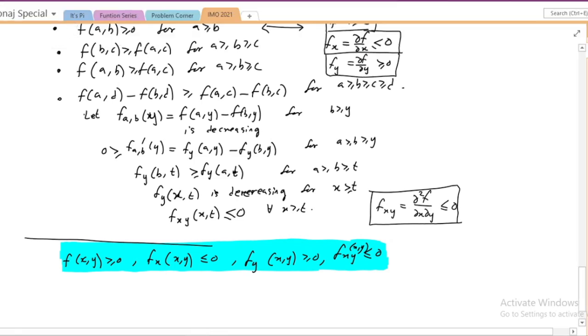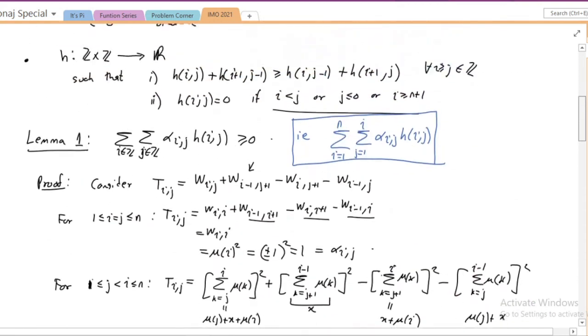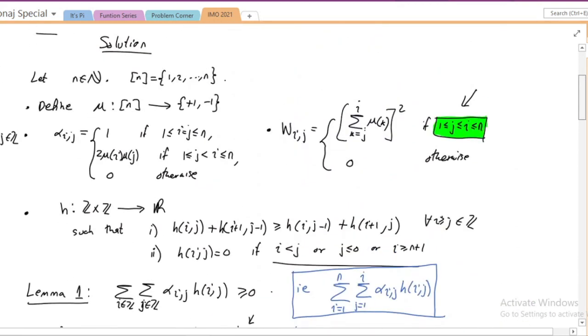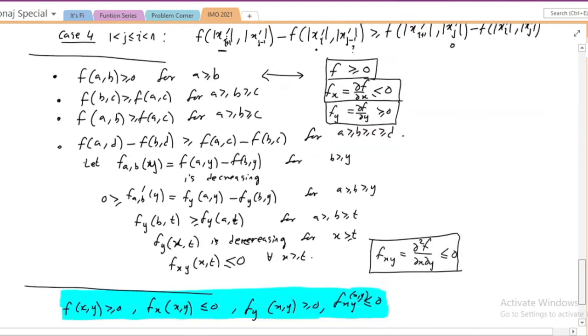So now going back to look at lemma 1, we need to know what alpha ij is, and that is defined by mu. So in this case, we also need to define what mu would be. So mu is just going to simply be the sign.